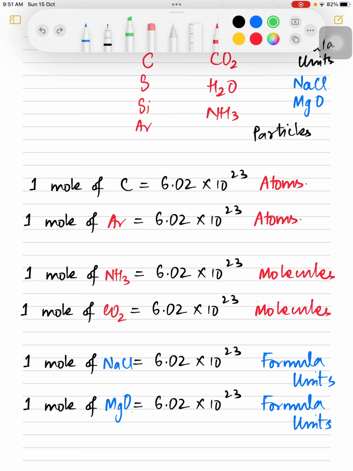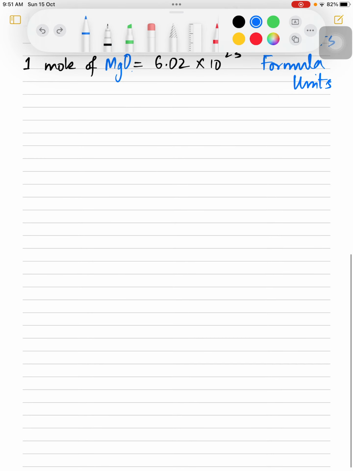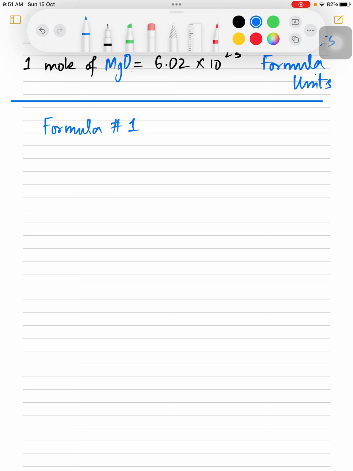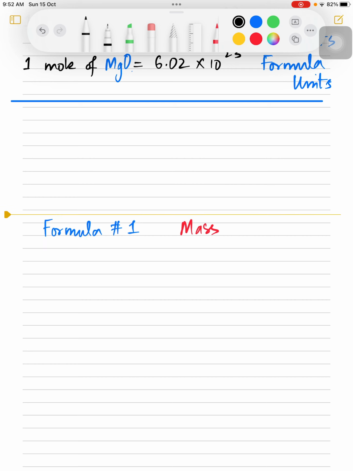So let's begin with the formula. The first formula, known as formula number 1, is basically for the masses. If they have given you the masses, then you can use this formula. And one more thing which I forgot to tell you is how to symbolize it.